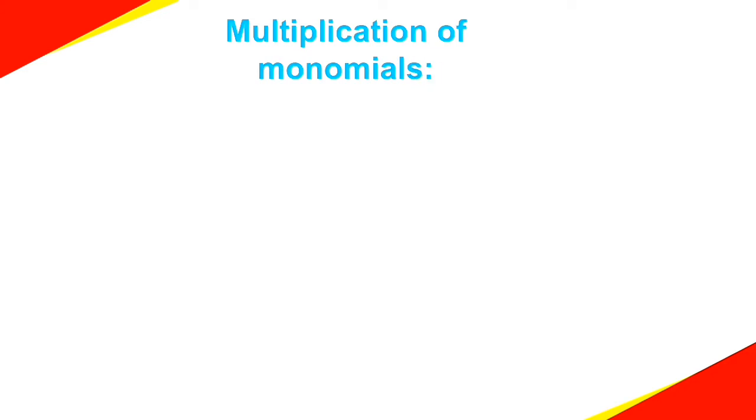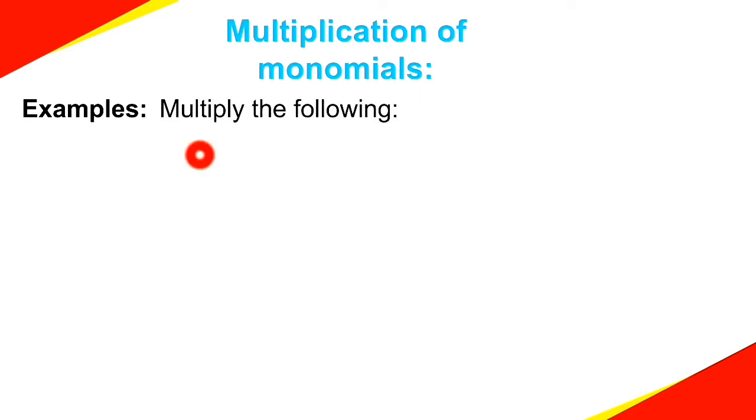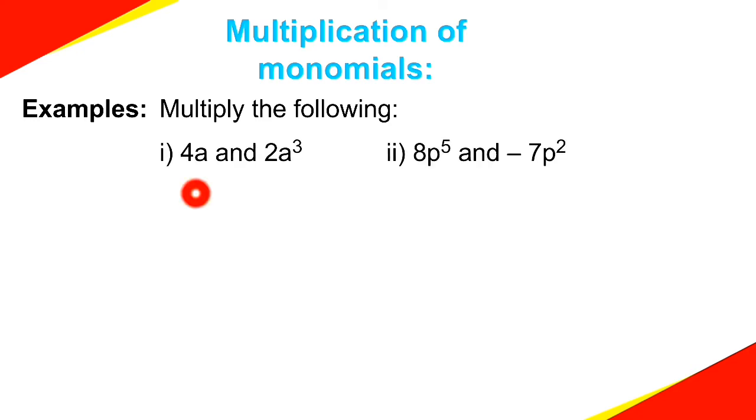Multiplication of monomials. We are going to see some examples. Multiply the following. The first option 4a into 2a cube. Second option is 8p power 5 and minus 7p power 2.